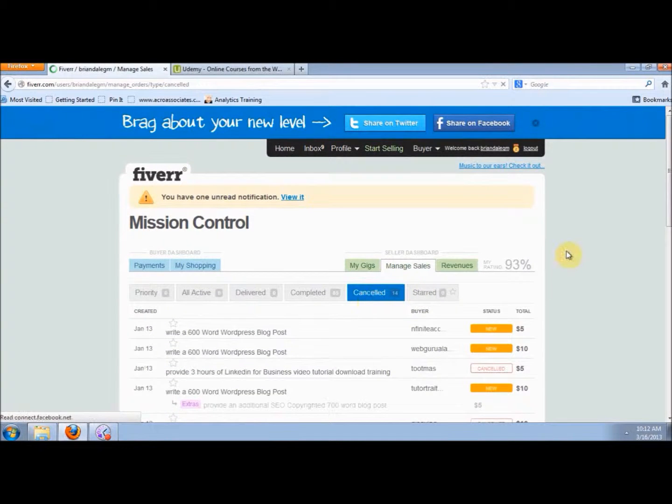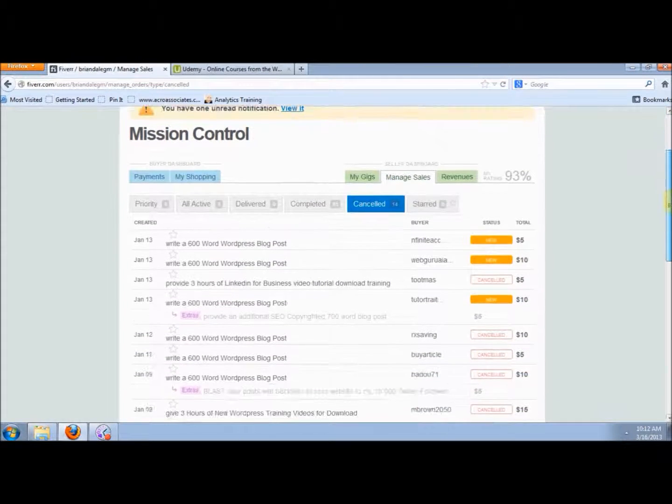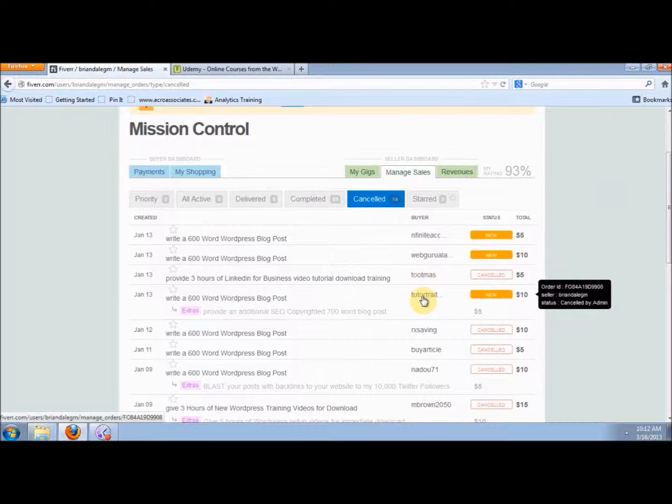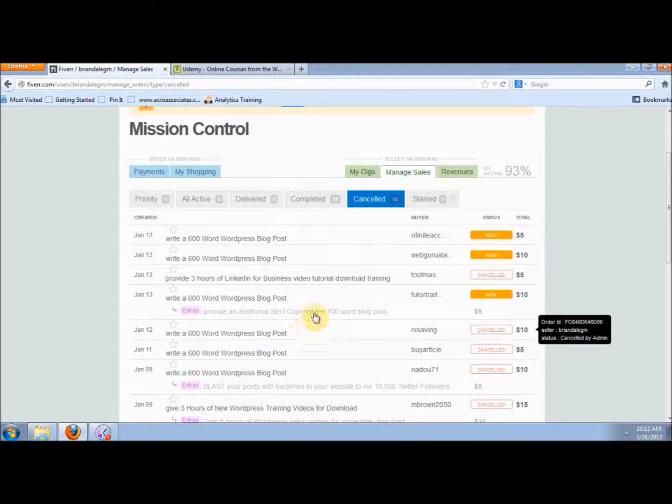In the canceled orders department, these are people that we had actually written posts for before, but at some point we had to cancel.